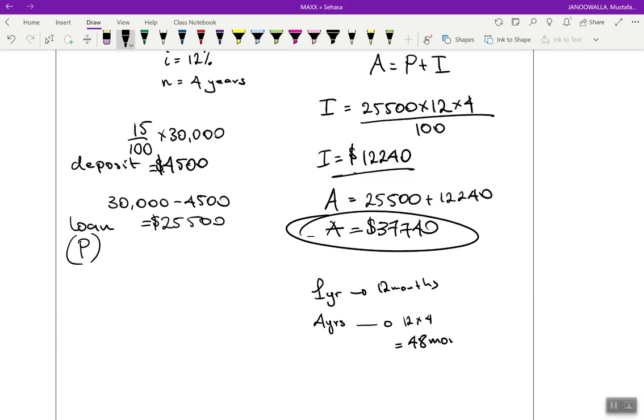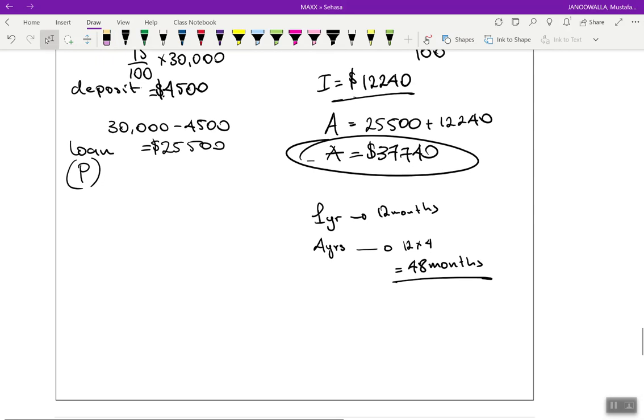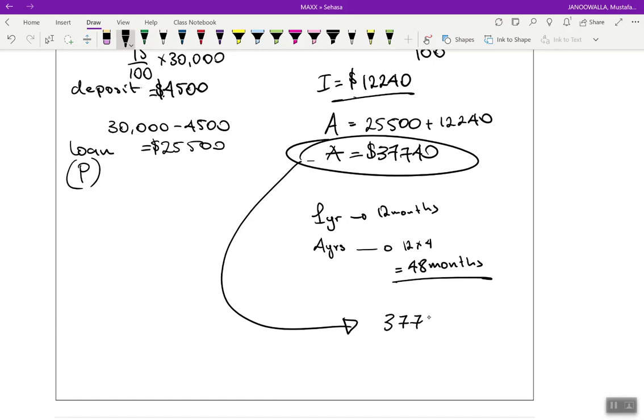So we want to know how many months in 4 years. It's 48 months. To find out how much he has to pay every month, we will take the total amount and divide it by how many months there are in 4 years. That gives 786.25. So that's his final answer.